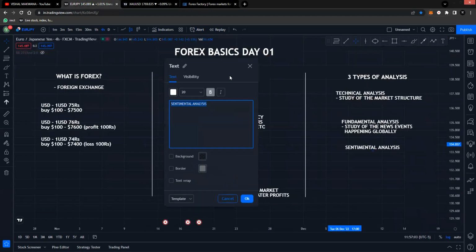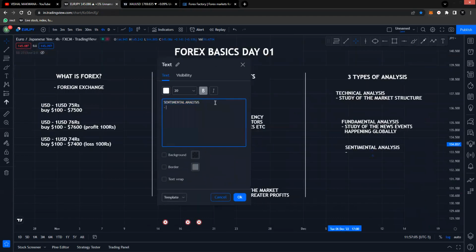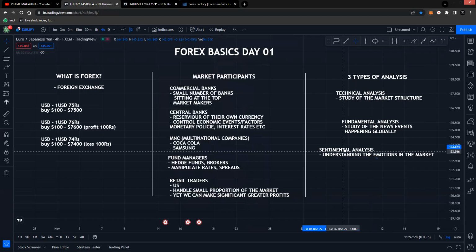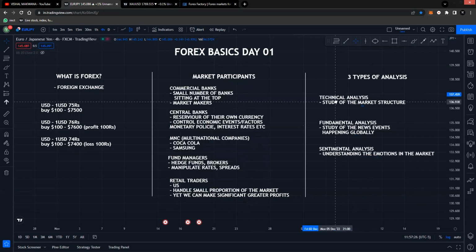Now, the third type of analysis, this is interesting, and I personally love this kind of analysis. Sentiment analysis, that means understanding the emotions in the market, right? Understanding how the market is feeling.